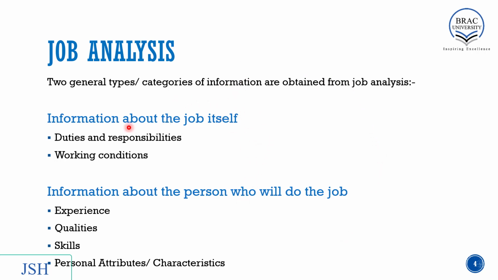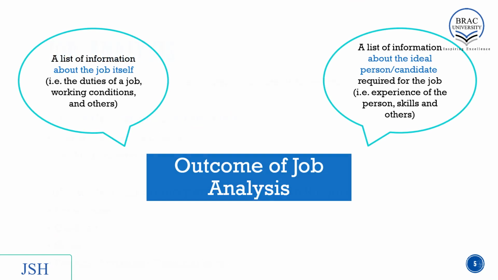One type of information explains the job itself, and the other type explains the person who will do the job. So if we want to explain the whole thing in a single illustration or a picture here, we will see that by doing job analysis, we get two main outcomes. We get two different types of information.